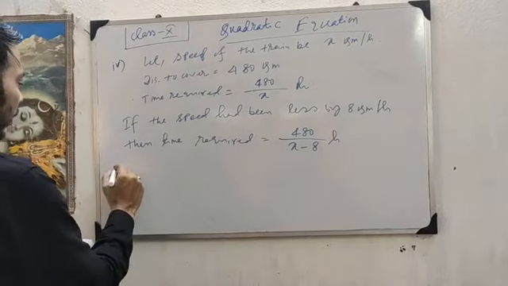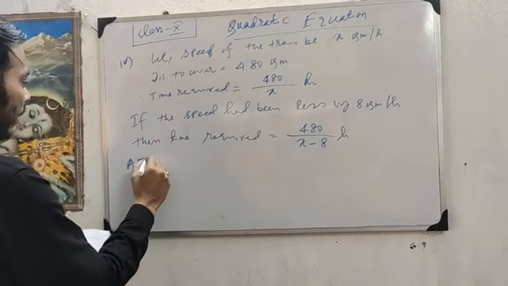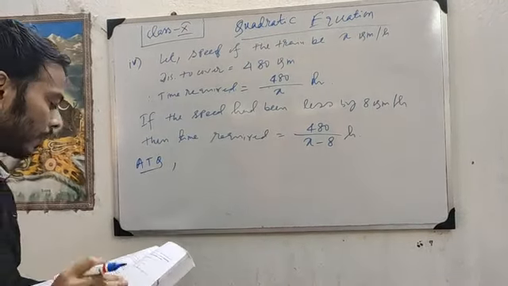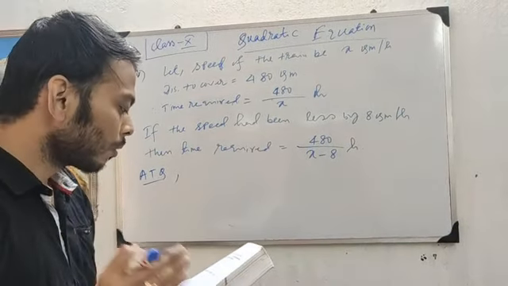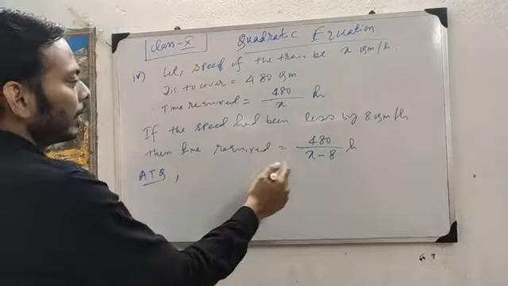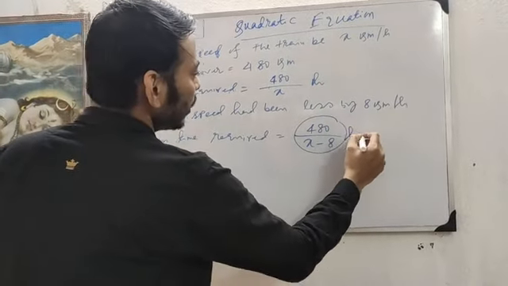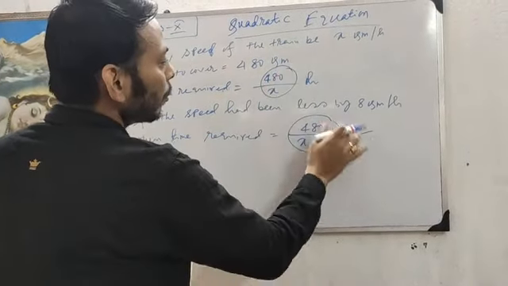Now what is the condition to make the equation according to the question? Then it would have taken 3 hours more to cover the same distance. So this value is 3 more than this value.